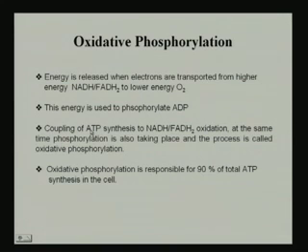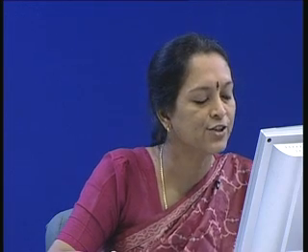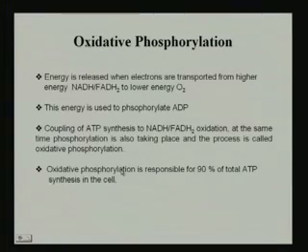This coupling of ATP synthesis to NADH or FADH2 oxidation, with phosphorylation taking place at the same time, is called the oxidative phosphorylation process. Oxidative phosphorylation is responsible for 90% of the total synthesis of ATP in the cell.